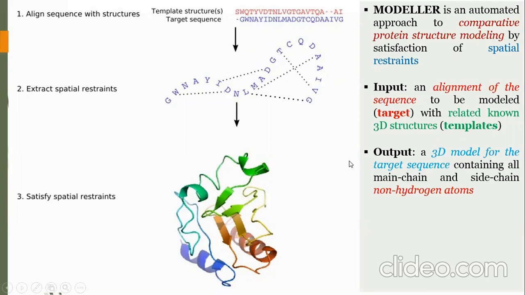And the output will be the 3D model for the target sequence containing all main chain and side chain non-hydrogen atoms. Okay, so the output is a protein 3D model. We will get the 3D model of the protein sequence containing all non-hydrogen atoms.